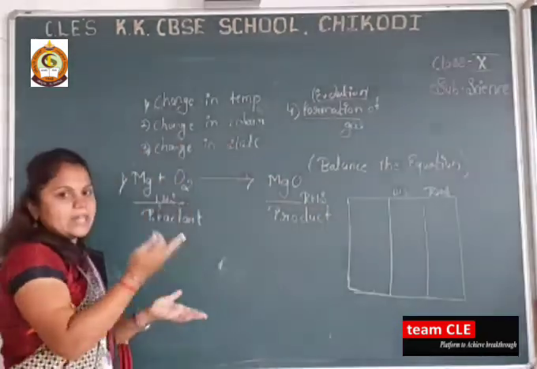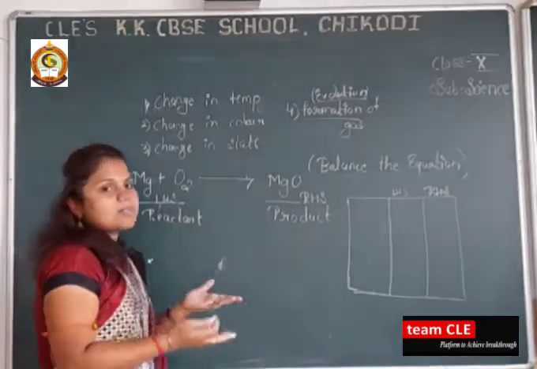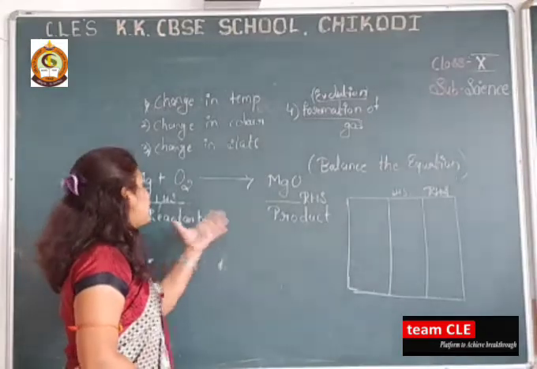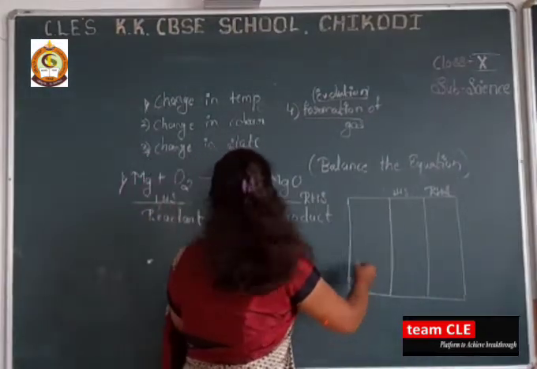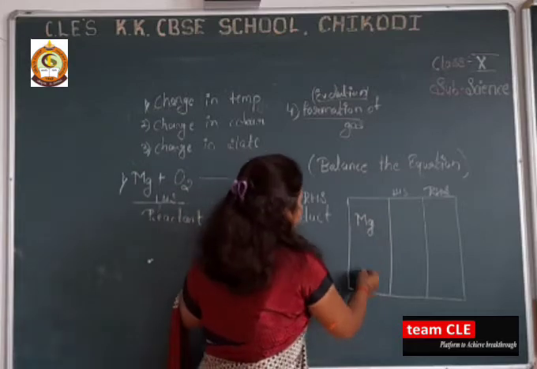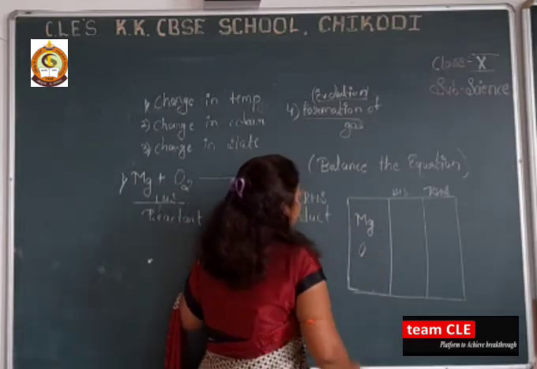Both we have to tally, whether the number of atoms present in the equation is the same or different. Just write the element names: magnesium, and second, oxygen.